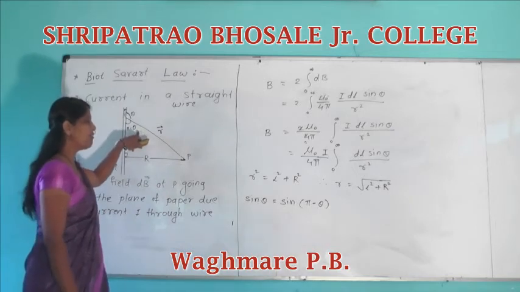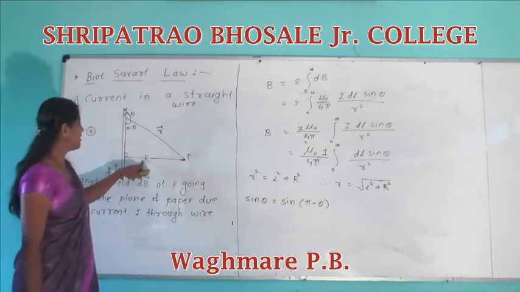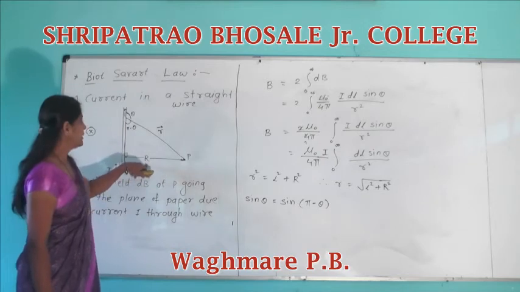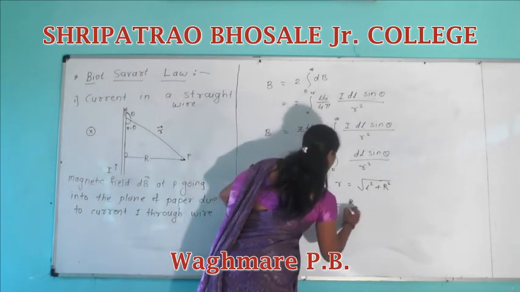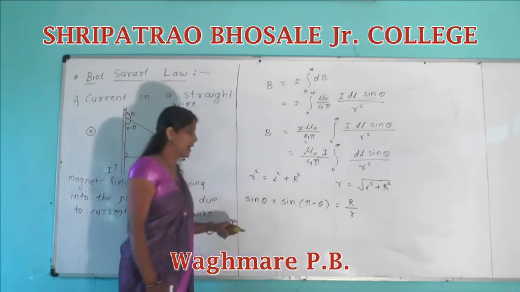Therefore, sin of pi minus theta will be equal to capital R divided by small r.